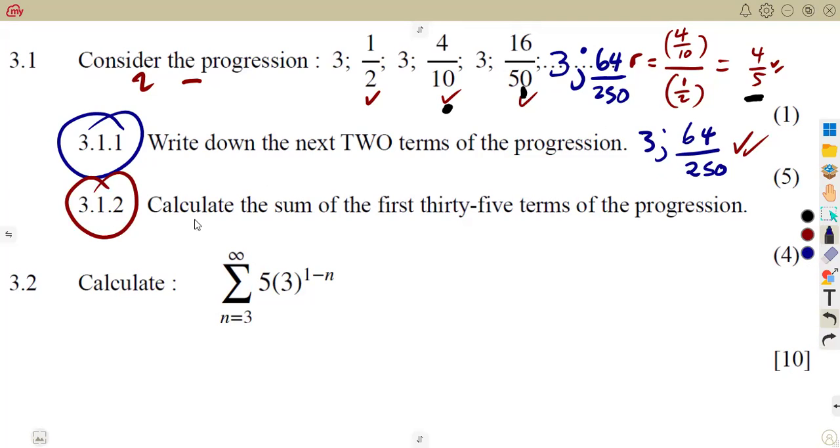We are being asked to calculate the sum of the first 35 terms of the progression. Another tricky part of the question. What type of a progression is this one?